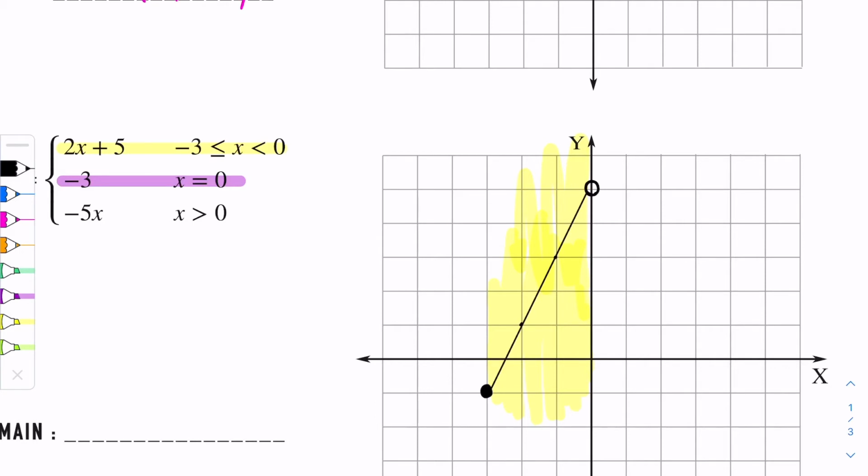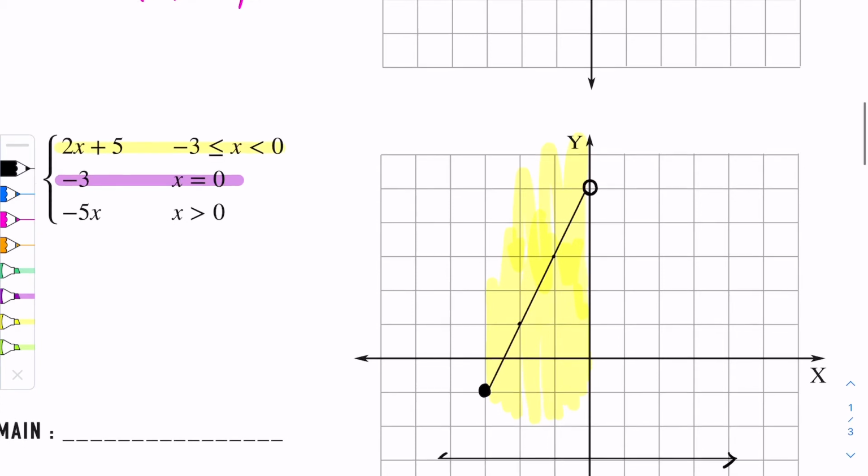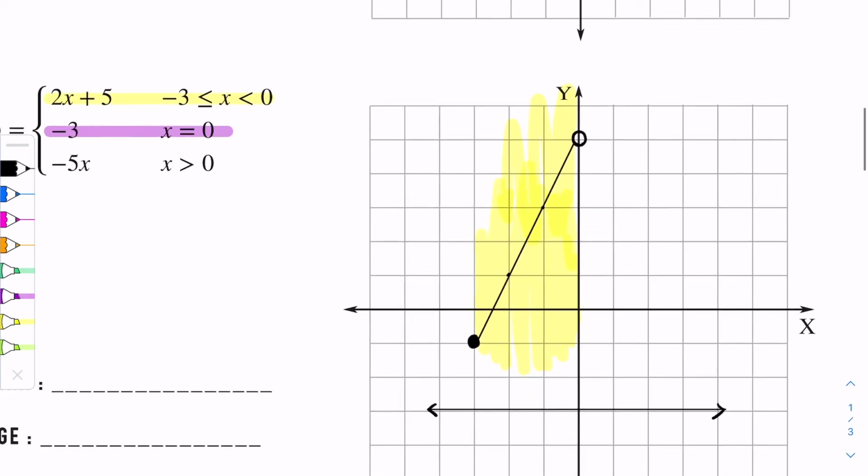So -3 would be the line here. All right, and then we are looking at just one single point when x is equal to 0, and it does say it's equal to it, so that is going to be a solid point on that line. We don't want any other parts of the line, we only want the indicated value of 0, so I can erase the rest of that.